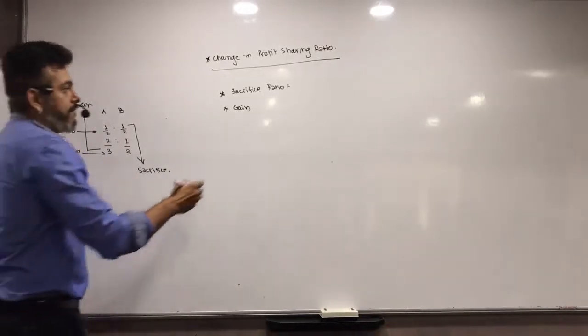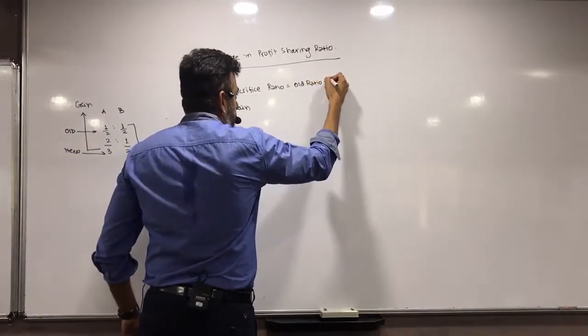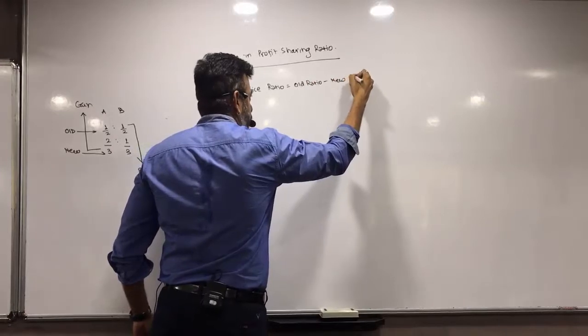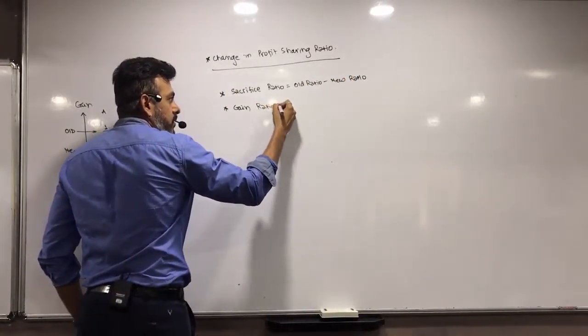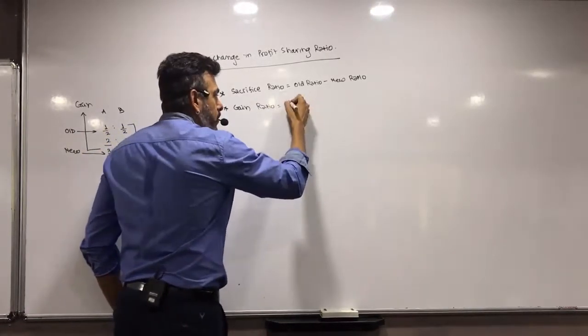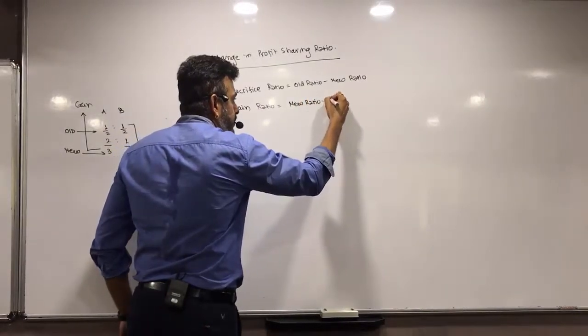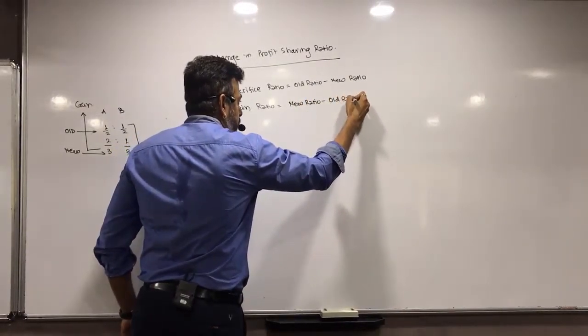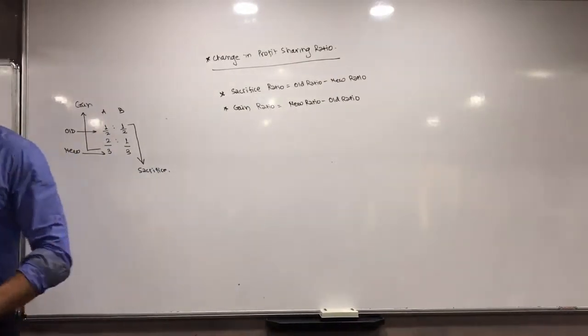So sacrifice ratio is equal to old ratio minus new ratio. And gain ratio: old was less and new is more, so it will be new ratio minus old ratio. समझ में आया सबको?